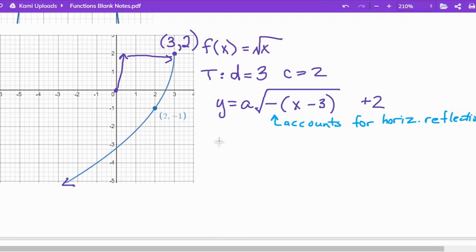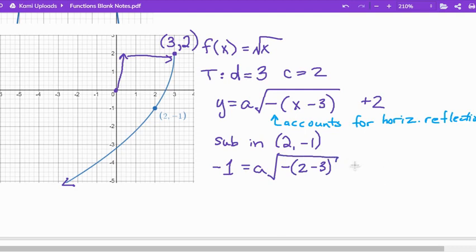All right, we are given a point, so let's use that point. Sub in to negative 1. So if my y is negative 1, I don't know my a, my x is 2. I'm nervous because there's a minus under my radical sign.